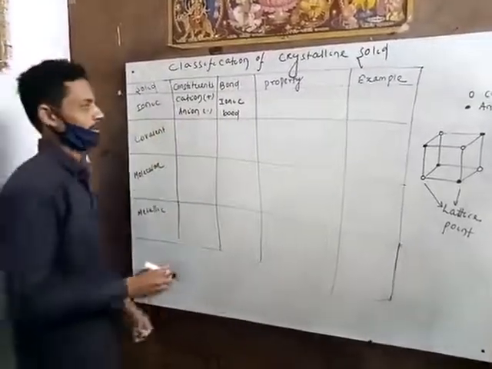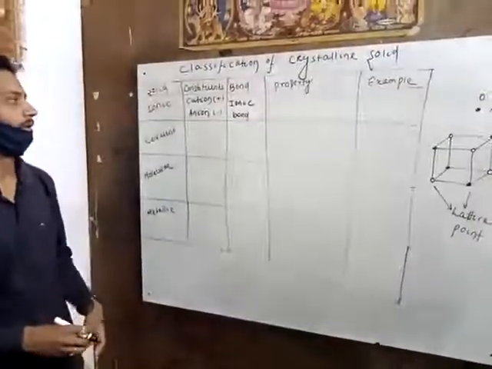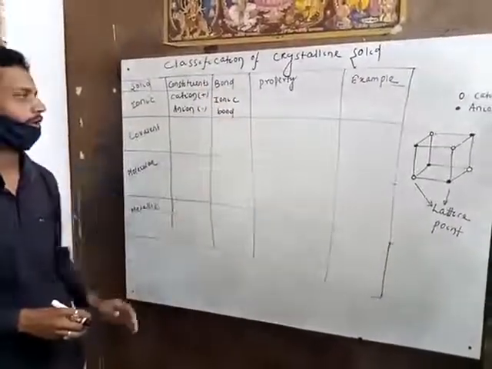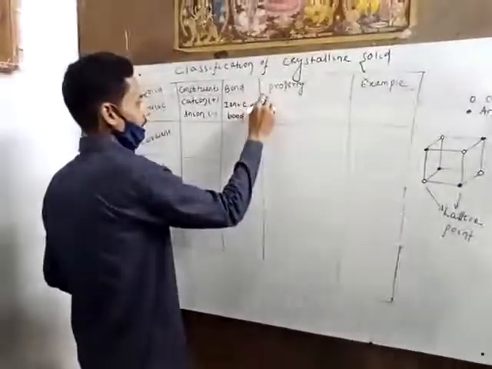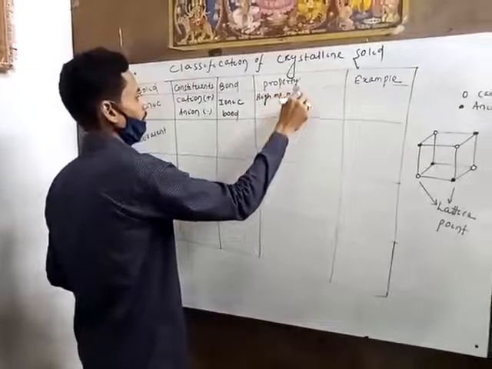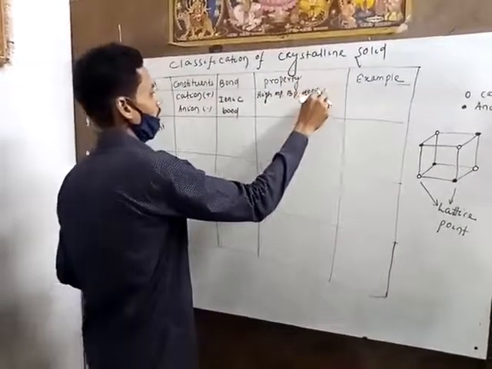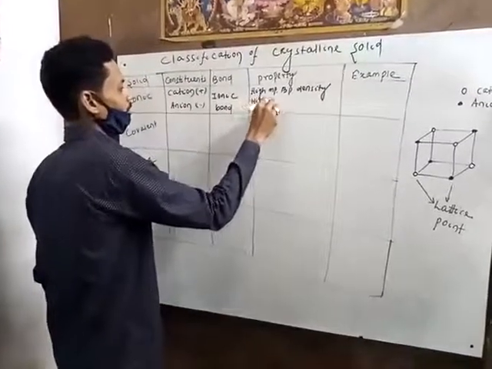So what are the properties? As in the previous class we discussed regarding ionic bond, it shows ionic properties like high melting point, boiling point, density, high heat of fusion.